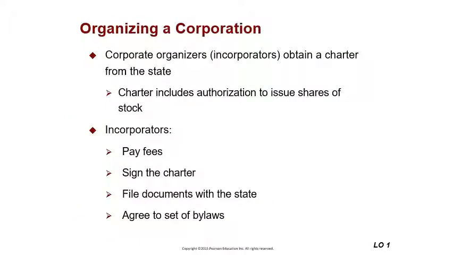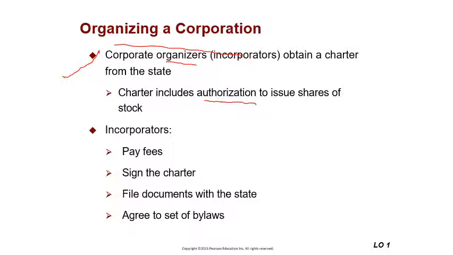Regarding organizing a corporation, the corporate organizers obtain a charter from the state, and the charter includes authorization to issue shares of stock. You have seen in some balance sheet, or in one of the questions we did in our long-term liabilities, that the company has an authorized bond issue, for example 5 million, but they issued 3 million.